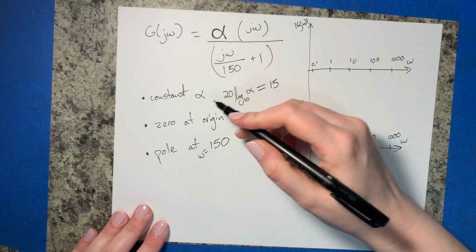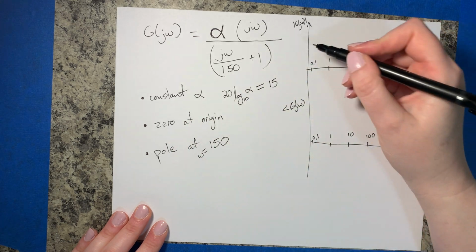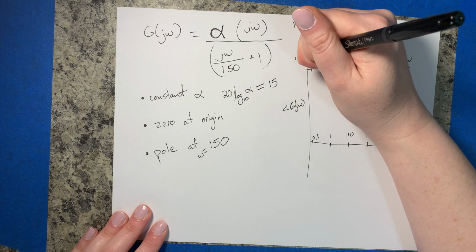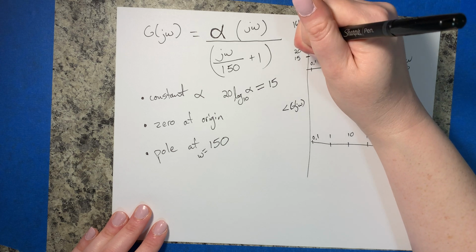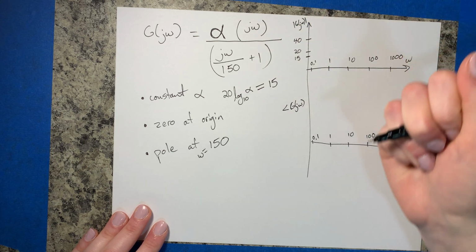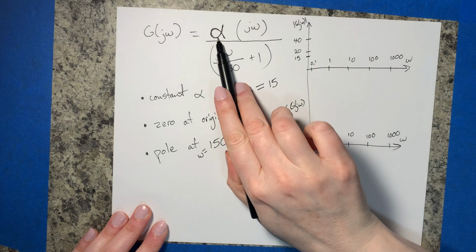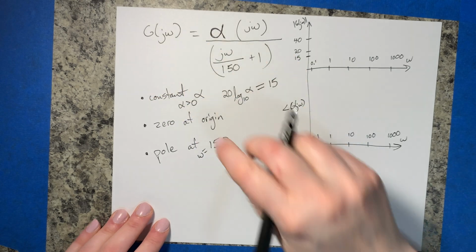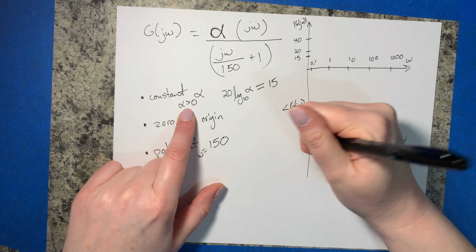The constant, once we do the calculation and everything with the dB, we have 15. We can label that. I'm going to say 15 is here, and 20 is here, and 40 is here. And so alpha, I'm going to say alpha was greater than 0, so it has no effect on our phase plot at all.